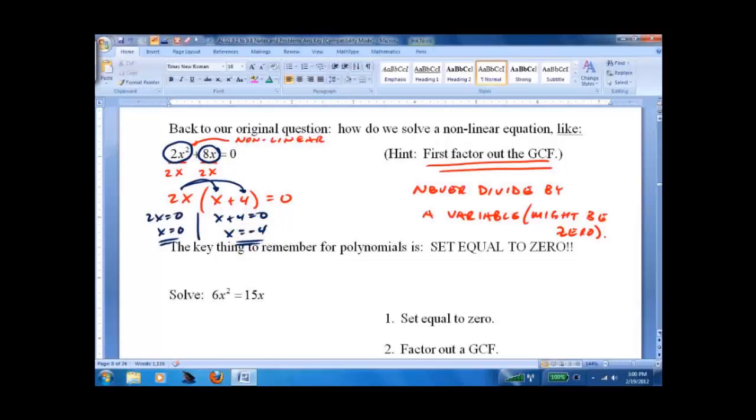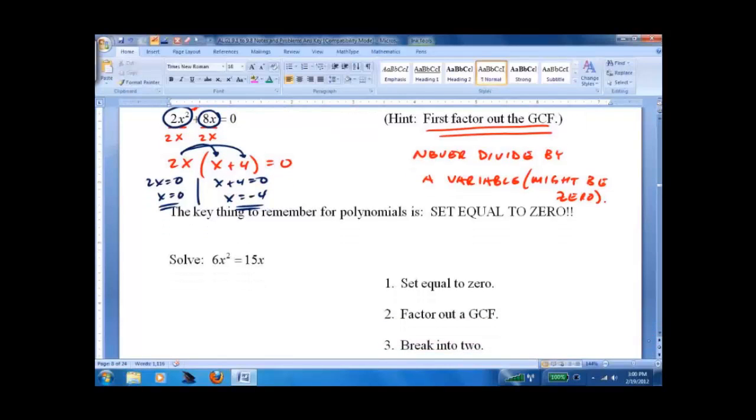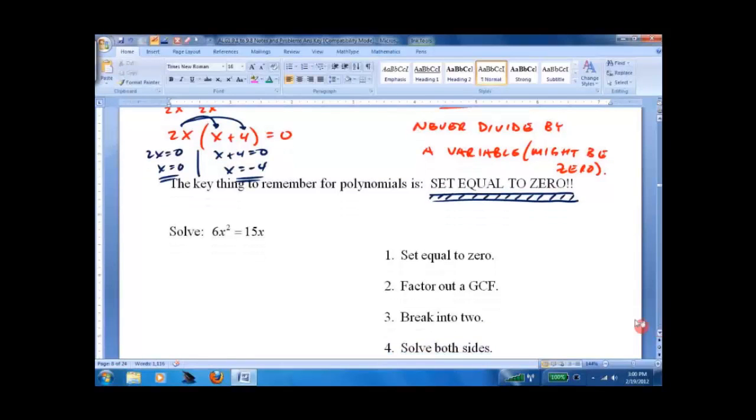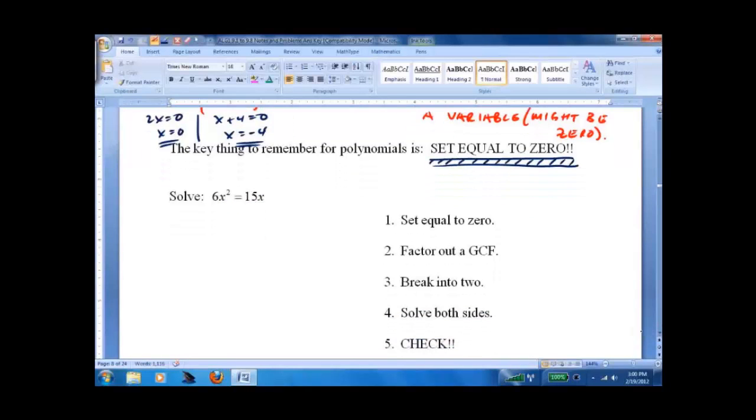So that's it. The key thing to remember, though, is always set equal to 0. If you don't do that, you're going to have problems. A lot of people look at this problem here, and they do not do it right because they start solving it without setting it equal to 0.